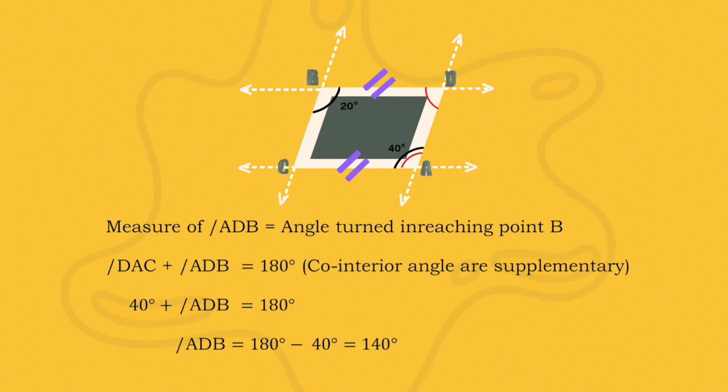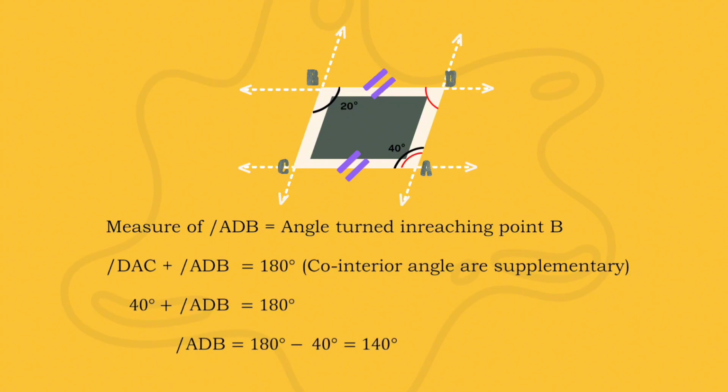We know that DB is parallel to AC, and taking DA as the transversal, angles DAC and ADB are co-interior angles. Co-interior angles are supplementary, that is why angle DAC plus angle ADB is equal to 180 degrees.